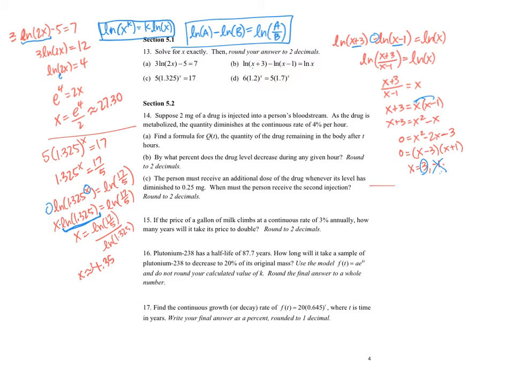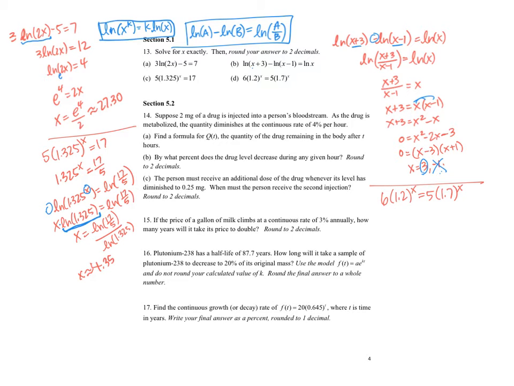Okay, let's do the next one. I have 6 times 1.2 to the x equals 5 times 1.7 to the x. Okay. Well, all right. Here we can kind of do one thing or the other. So we can either divide both sides by 6 or we can divide both sides by 5.